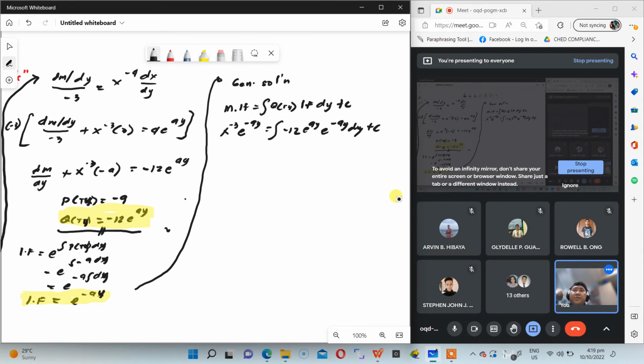So from here, you have x to the negative 3 e raised to negative 9y equals, move the constant. So, e raised to the power 9y times e raised to the power of negative 9y becomes what?